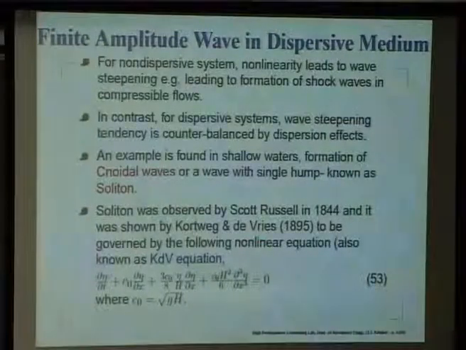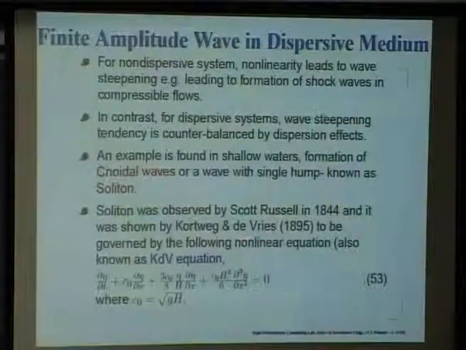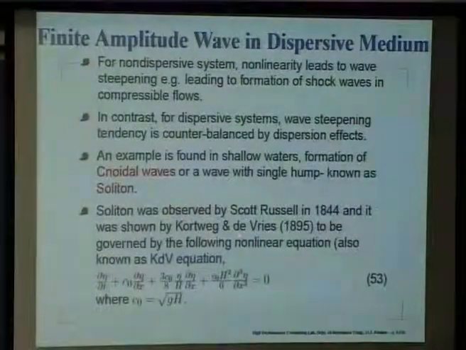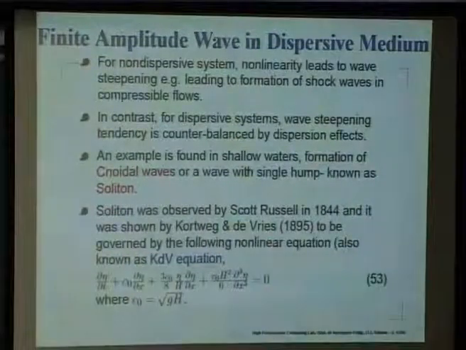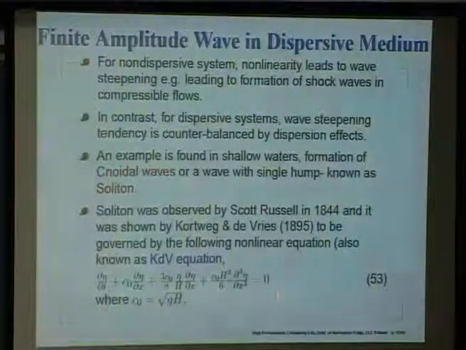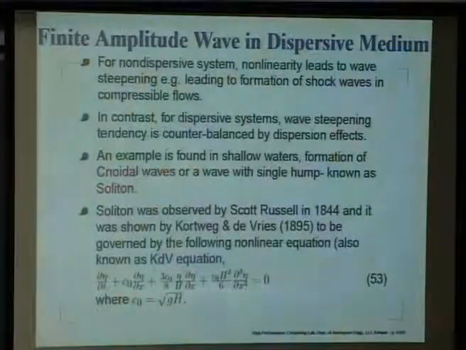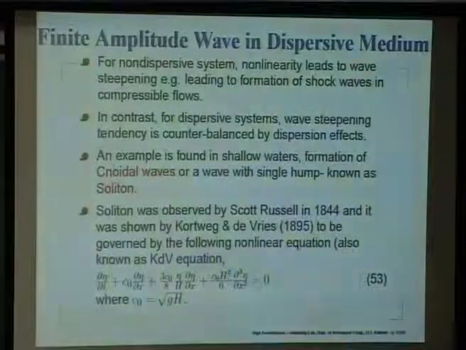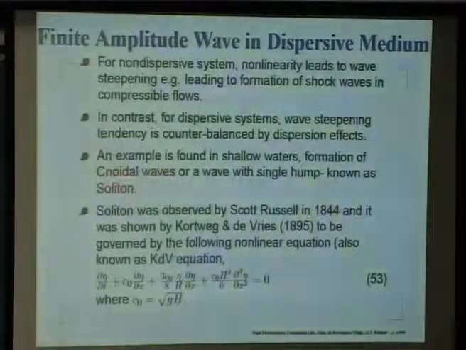However, its theoretical explanation came much later with the publication of a paper by Korteweg and de Vries. This was basically a thesis of de Vries, and they established an equation for this phenomenon, which is now called the KdV equation. Those are the initials of those two gentlemen.